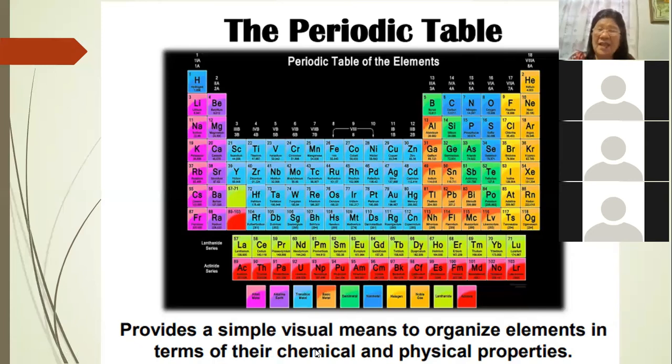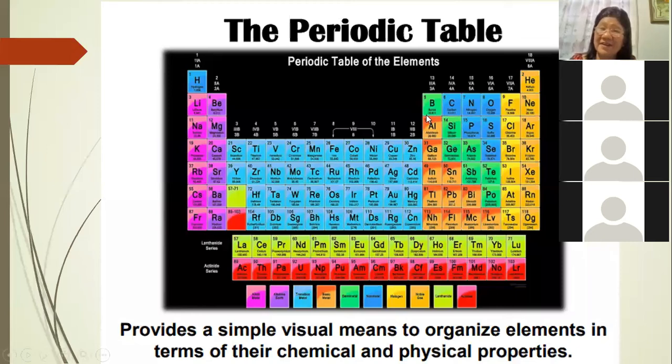The left portion are mostly metal. The right portion, gamay are non-metal. A non-metal could either be what? A non-metal could either be a gas or, in most cases, not gas, pero kani, this is known as noble gas. Some are gases, some are not.